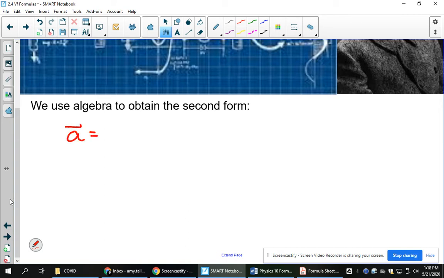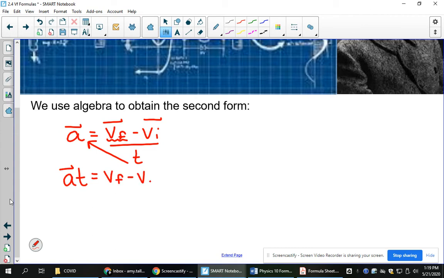So here's the first formula. I'm going to show you how we rearrange this to get final velocity by itself. The first thing we do is we want to get time up on this side. So we just multiply it over. The next thing we want to do, if we want VF by itself, is we have to get rid of VI.